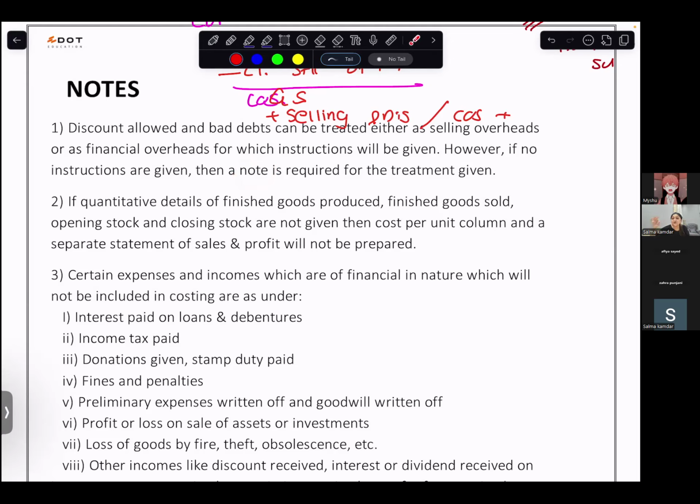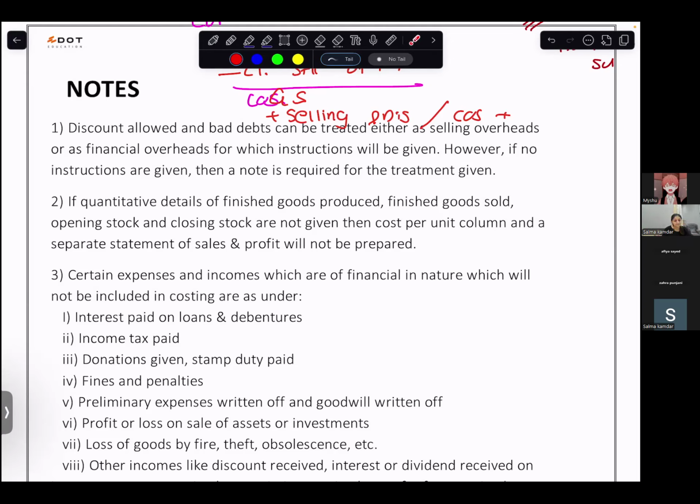In the absence of information, bad debts is treated as selling and distribution overheads. No problem. In the absence of information, bad debts is treated as financial overheads, hence ignored. So whatever you are ignoring, you need to write as a clear note. I hope you're with me.